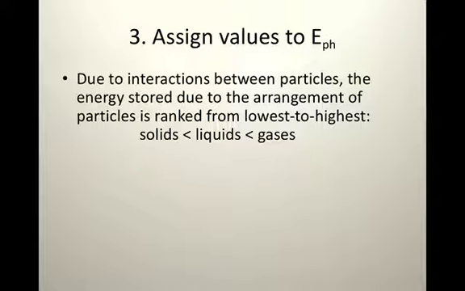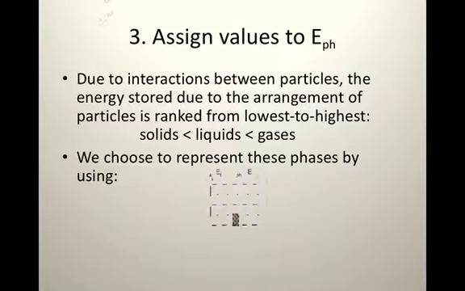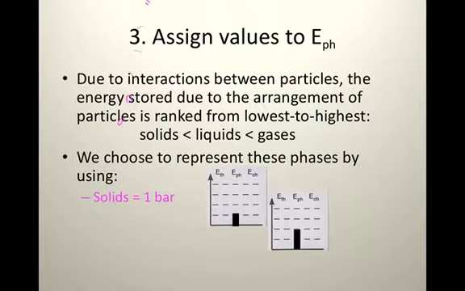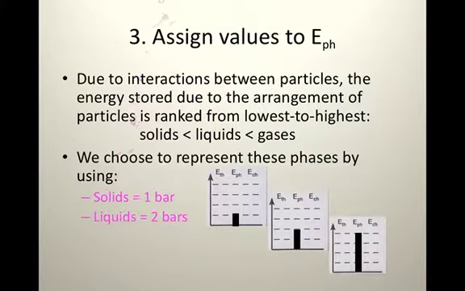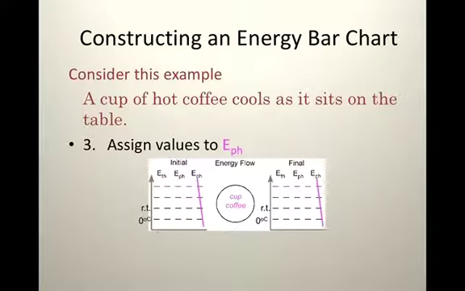So we're going to choose to always give solids 1 bar, always give liquids 2 bars. Remember, these are energy bar charts. And we're going to give gases 4 bars. Always. No choice here. If what you're dealing with is a solid, it's 1. If it's a liquid, it's 2 bars. If it's a gas, it's 4 bars.